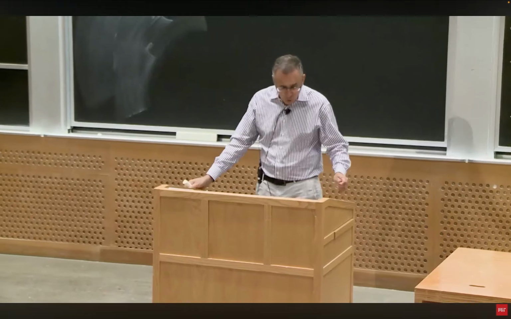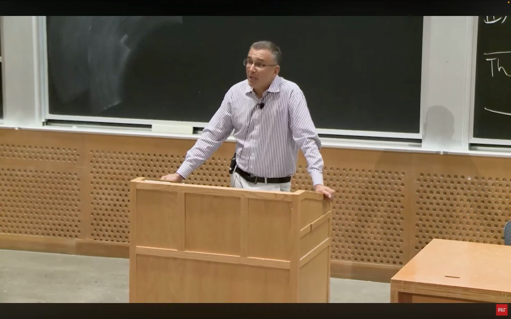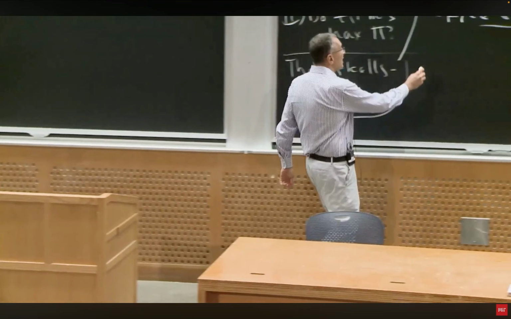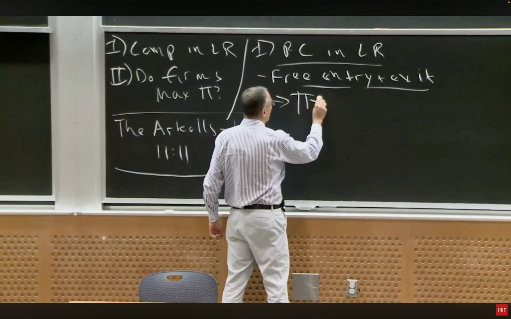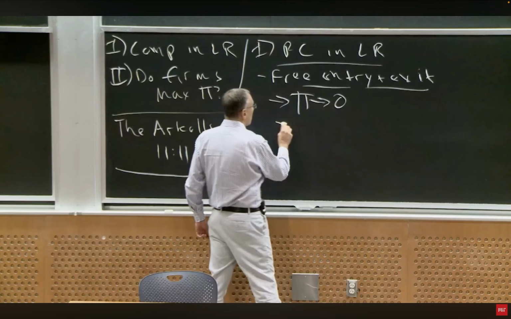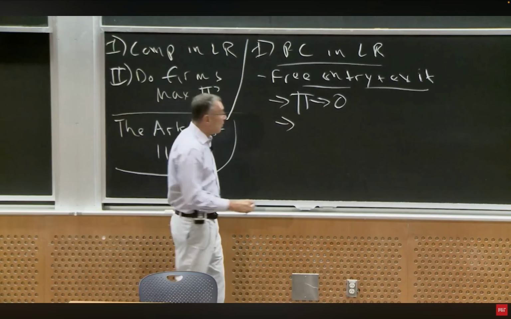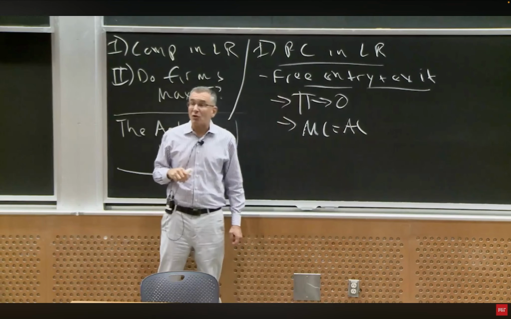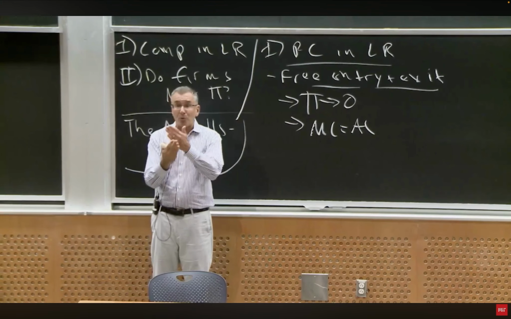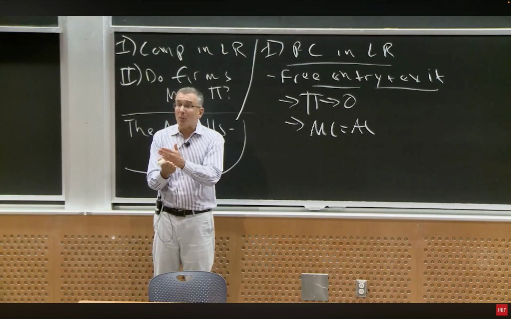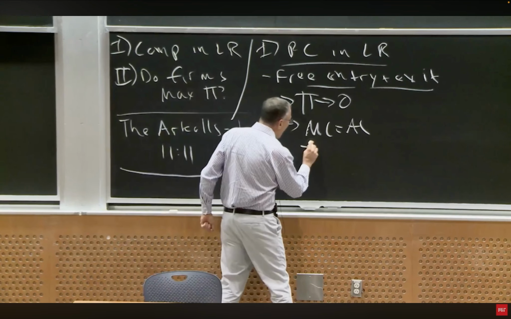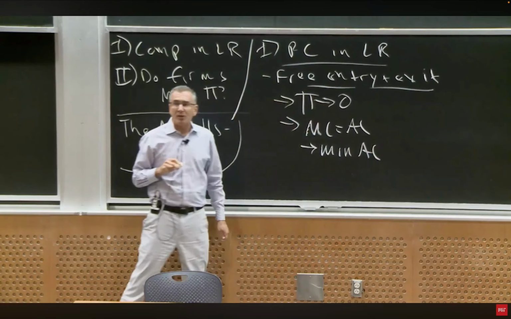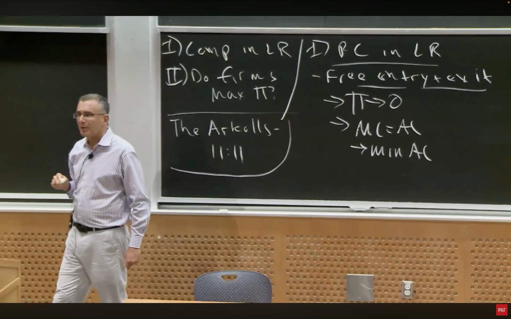Each firm will be pushed to produce to the point where marginal cost equals average cost. So basically, entry and exit will drive profits to zero. We know that profits are only zero when marginal cost equals average cost. If marginal cost doesn't equal average cost, there's profits or losses. So profits go to zero, marginal cost equals average cost, and we know that only happens at minimum average cost. That's the point where marginal cost equals average cost. There's your little proof. Okay?